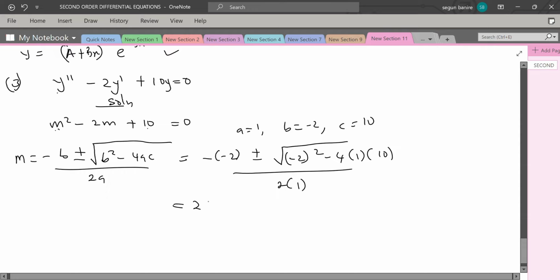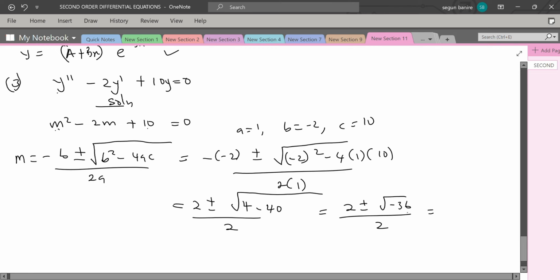So that will give us 2 plus or minus the square root of 4 minus 40, divided by 2. So at the end of the day, you get 2 plus or minus the square root of minus 36, divided by 2. You could see whenever there is a minus under a root, that is complex already.